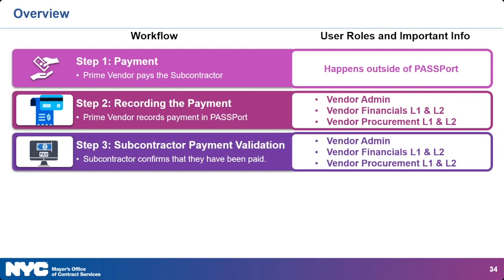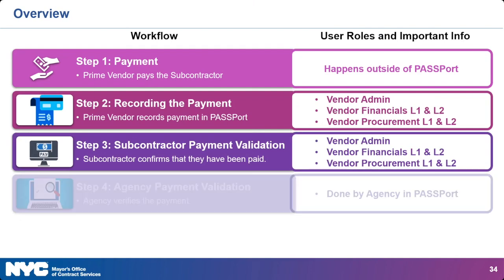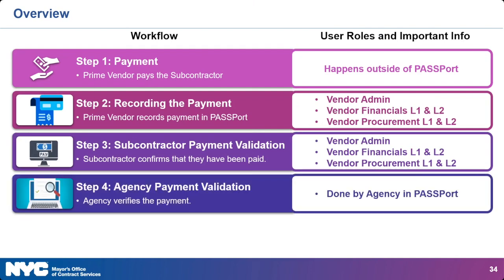Next, the subcontractor confirms that payment. The subcontractor's vendor admin, vendor financials, and vendor procurement users can complete this step. After that, the contracting agency verifies the payment in Passport.